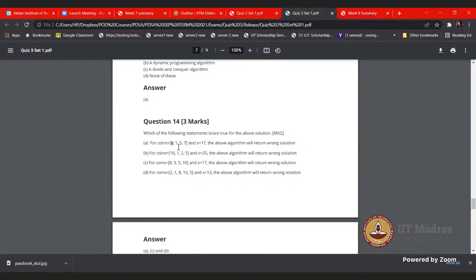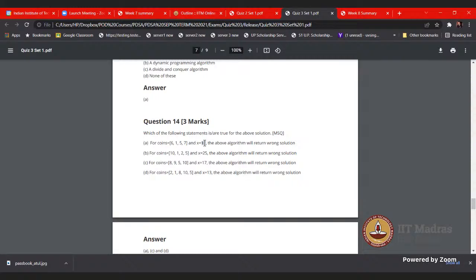So we have a list of coins 6, 1, 5, 7. We can take any coin any number of times. For example, to achieve the amount 17, we can take 6 two times. There is no limitation to choose any element only one time. So how can you achieve this value 17 with the minimum number of coins?